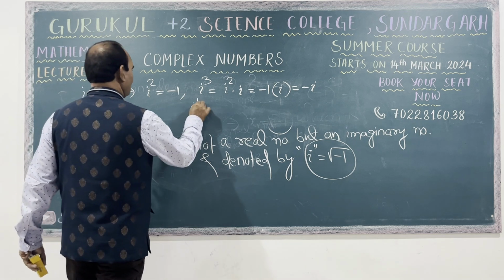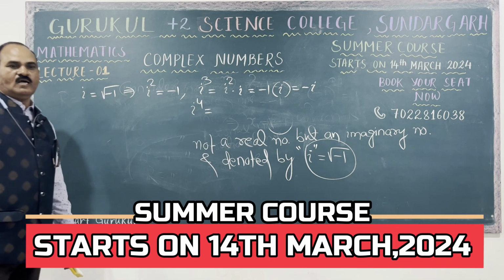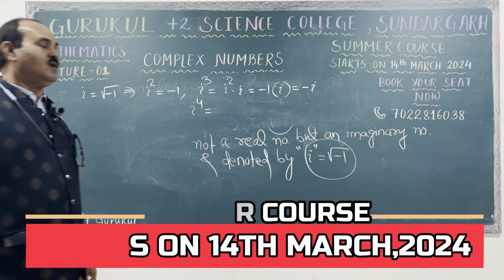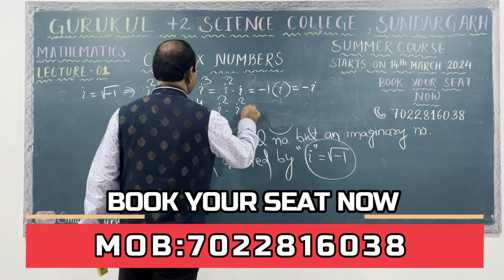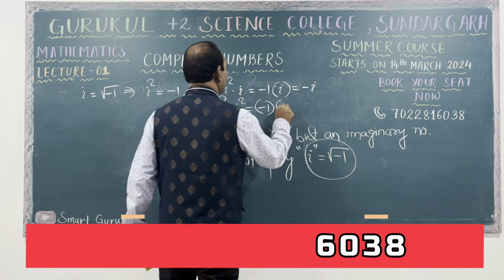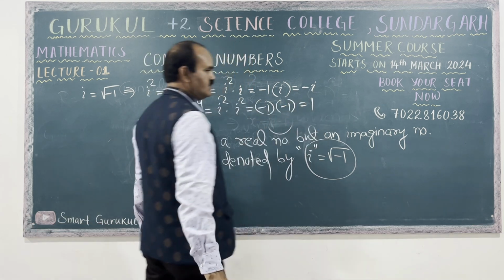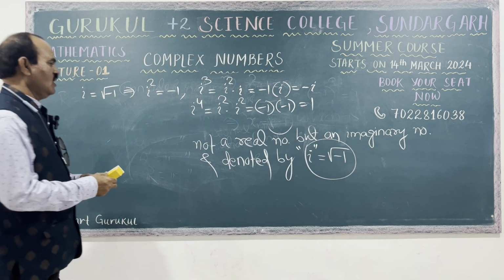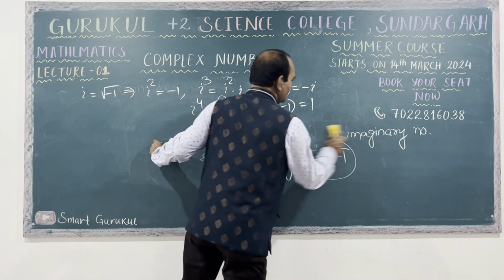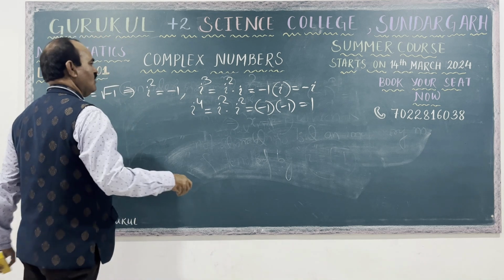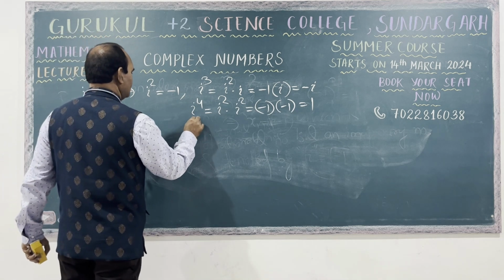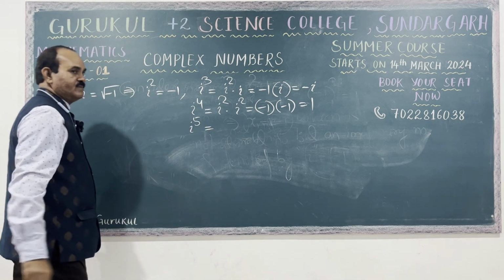What will be the value of I power 4? This is the same as I square into I square, which is -1 into -1, equal to +1. So the value of I power 4 is 1. Now what is the value of I power 5?